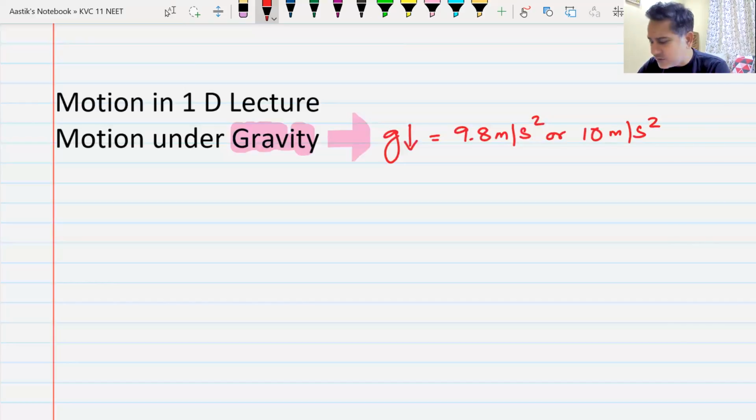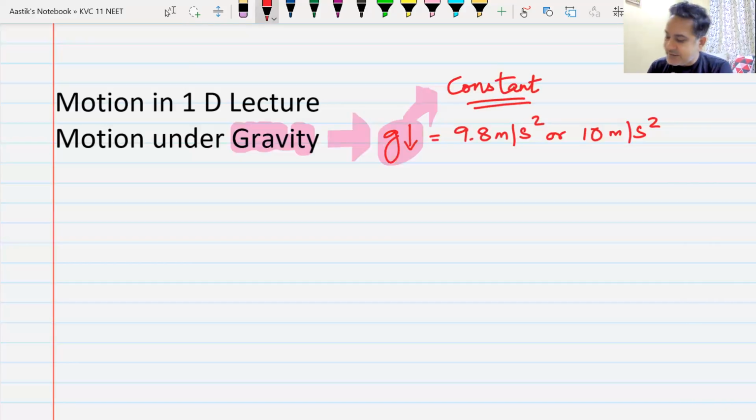You have never heard about it? Well, today is the day that you heard about it. Every day you learn something new. Acceleration due to gravity, small g, 9.8 meter per second square or 10 meter per second square. It is always taken as a constant. So that is what you need to remember. The value is 9.8 meter per second square and the direction is downwards.